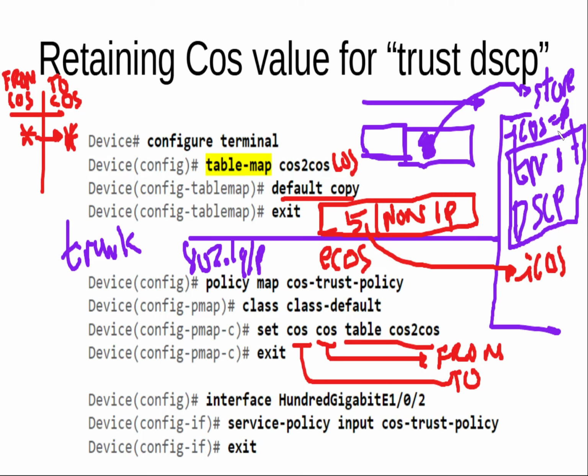So I'm not going to set the internal cost to 0, but the internal cost will be set to 5. I am saving the cost. So in this case, we are trusting DSCP, and we are also trusting cost. Hope that makes any sense.